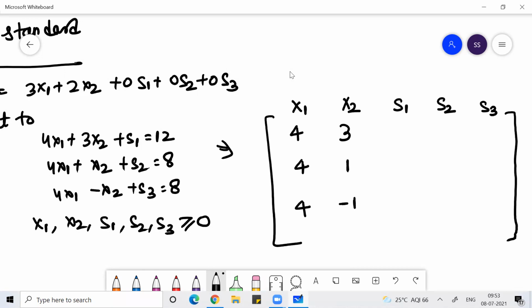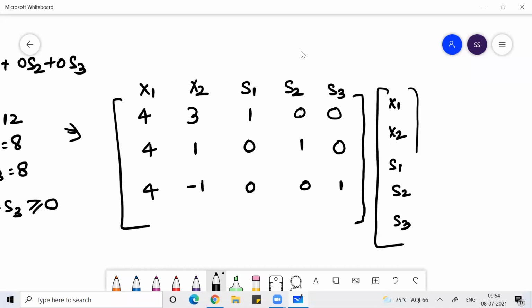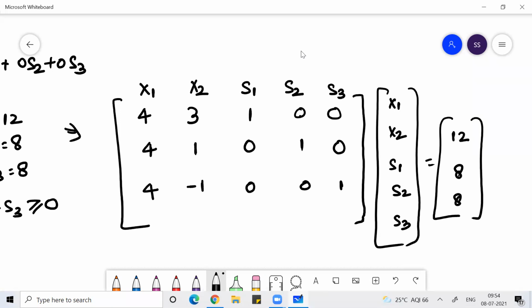Then S1 is 1, 0, 0 for the first equation; S2 is 0, 1, 0; S3 is 0, 0, 1. Then x1, x2, S1, S2, S3 is equal to the RHS. Your RHS is 12, 8, 8. In the matrix form, you can write it like this.